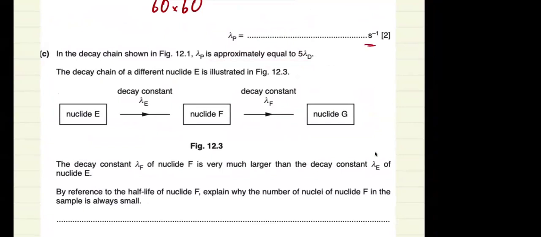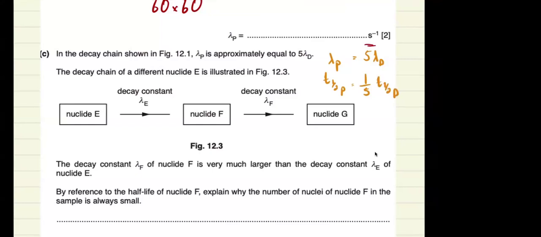So here I can say that if lambda P is 5 lambda D, so because of the inverse proportion, I can say that actually half-life of P is 1/5 of the half-life of D, right? That's what I can say.